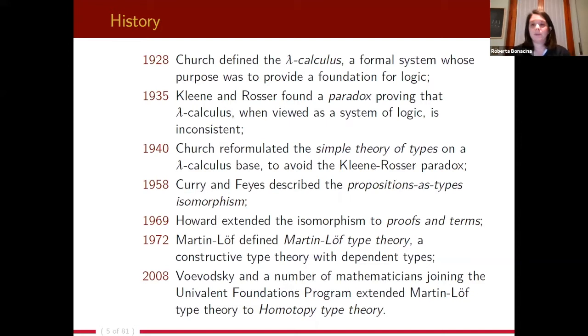So all of this is based on the simple theory of types, which was extended by Martin-Löf to Martin-Löf type theory, which is a constructive type theory with dependent types. And then Voevodsky and a lot of other mathematicians extended Martin-Löf type theory to homotopy type theory, which is the main system we are interested in.